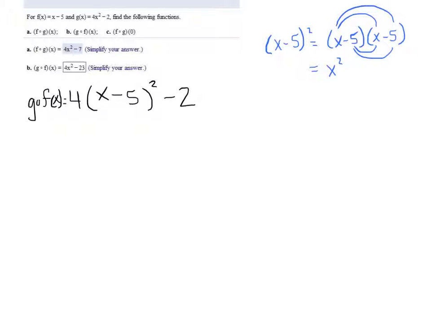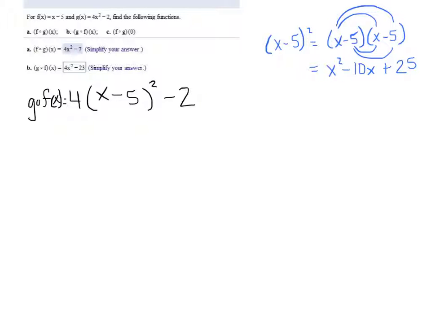That will work also, because what we get here is a negative 5x and another negative 5x, so you can see that gets doubled that way. So we get a negative 10x for our middle term, and then our last term is the second term squared, which is the negative 5 times negative 5. So we get a positive 25.